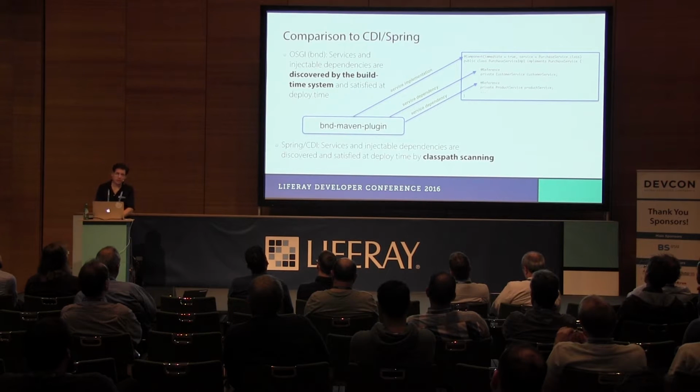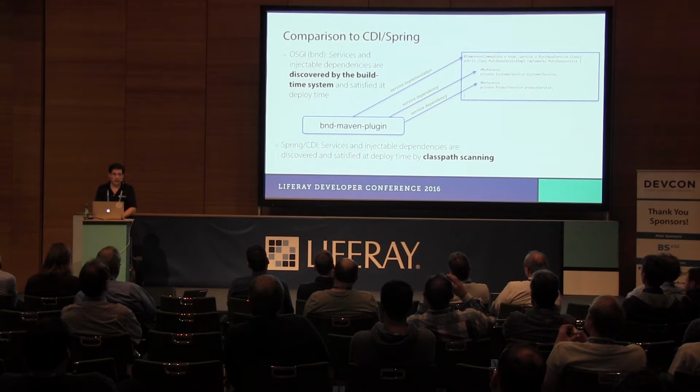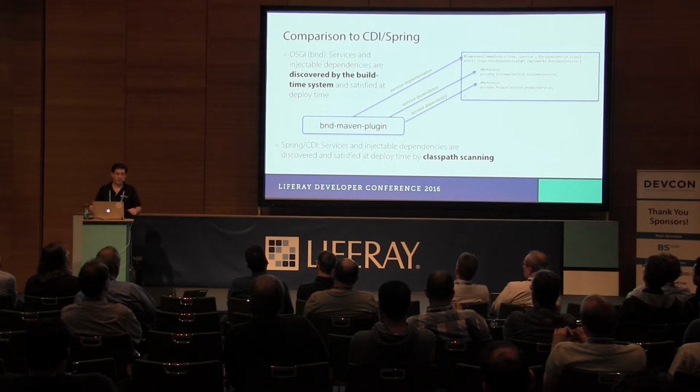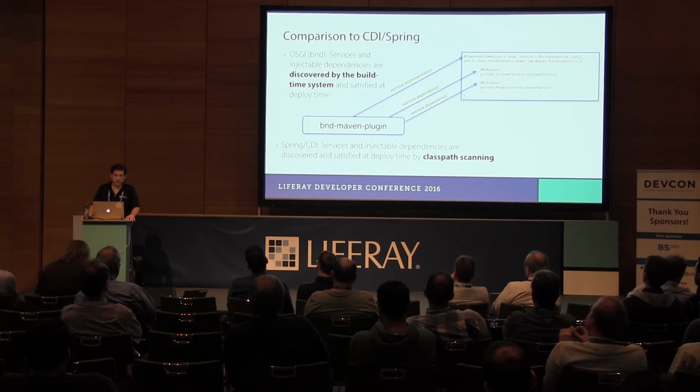So let's compare this to CDI and Spring, the way it works. Let's say I'm using BND or the BND Maven plugin. When I use that tool, services and injectable dependencies are discovered by the build time system. I mentioned this before, and they're satisfied at deploy time by the resolver.